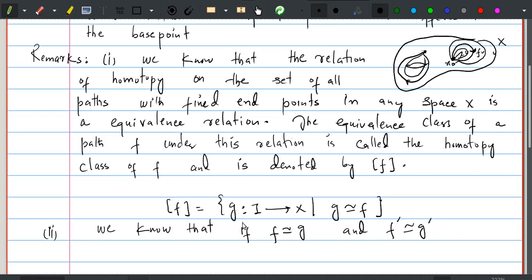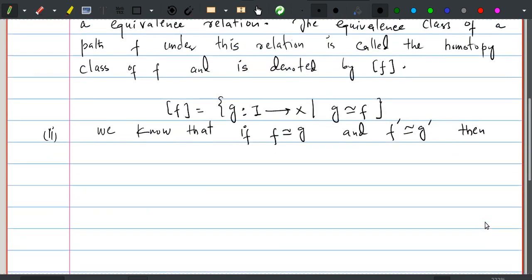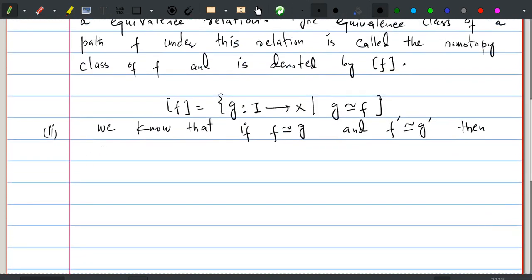So the product of f with f prime is homotopic to the product of g and g prime.